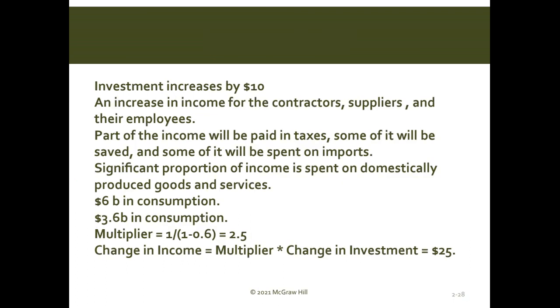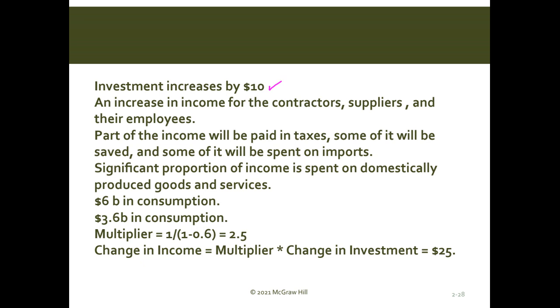So suppose investment increases by 10 million, okay? When investment increases by 10 million, what does this mean? It means that investors are now investing this $10 million, and this $10 million will be someone else's income.